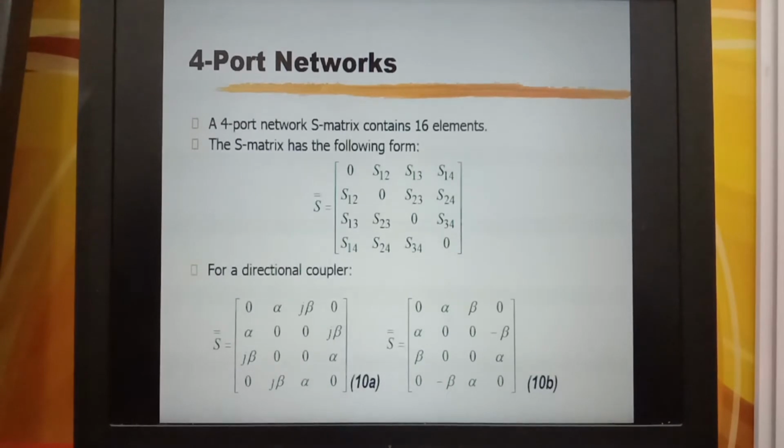If we look at S24 and S34, we see that the output is alpha and negative beta instead. What it means is that if we feed the signal to port 4, the output at port 2 and port 3 will have a phase difference of 180 degrees.